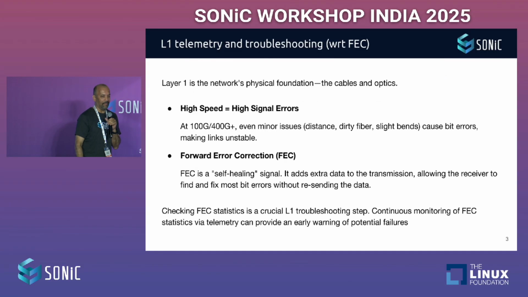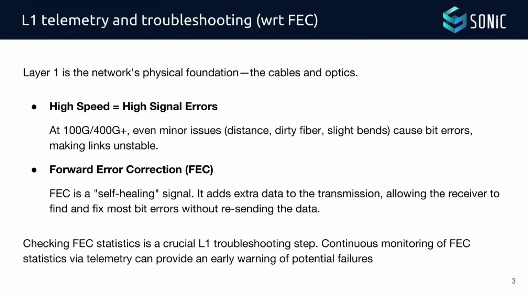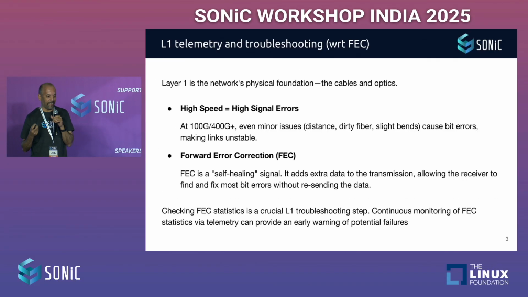In terms of theory, the more the speed, the more error-prone the lines become because of distance, dirty fiber, bends, etc. The number of errors in the line starts going up. So it is very important to catch these errors, figure out ahead of time that the link is going bad, and take corrective measures.